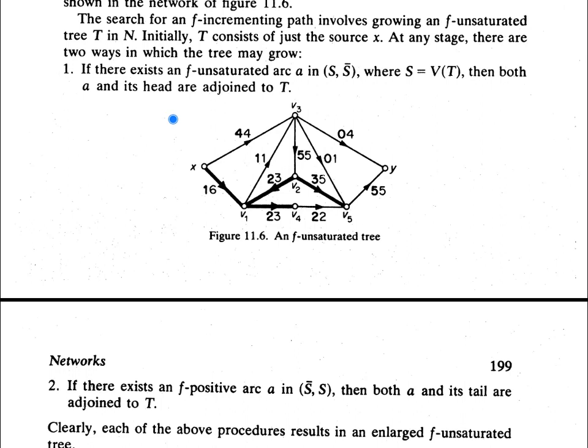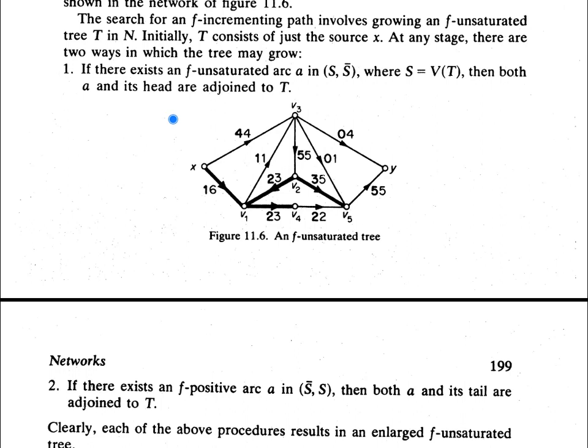Other possibility, there exists an arc with a positive value of F going towards one of the vertices of the tree. In that case, you add that arc and the tail of that arc, and so your tree grows by one arc and one vertex.